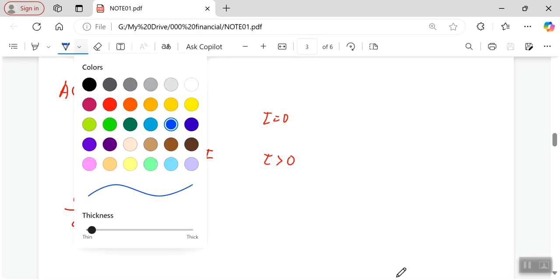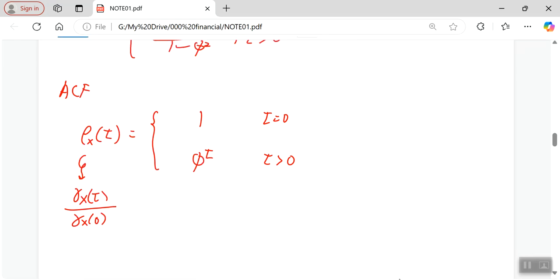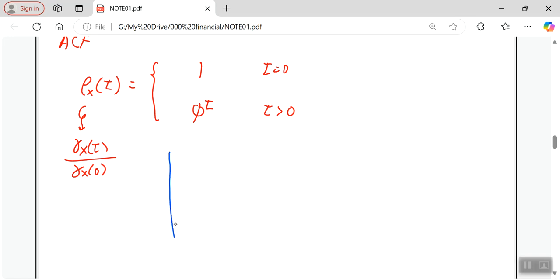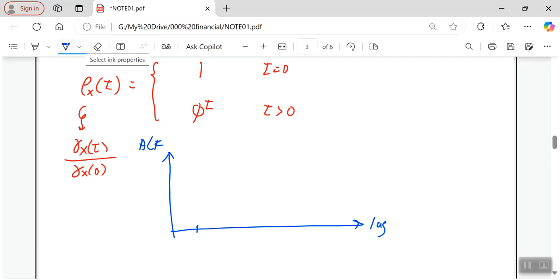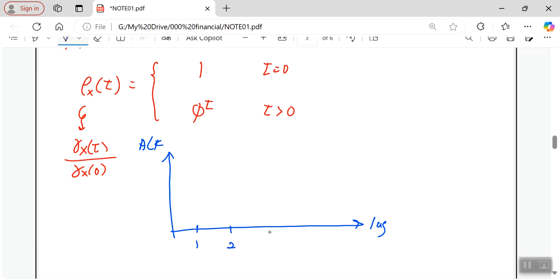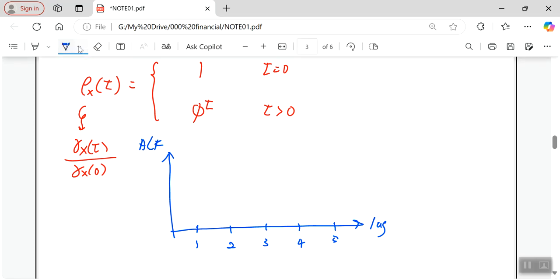Let's say, for example, I have a series with this ACF, and this is the lags. The lag 0 is always 1, so the first term is looking at the variance. Then 1, 2, 3, 4, 5. Actually, there are more terms involved.